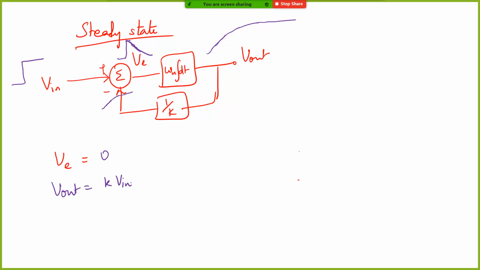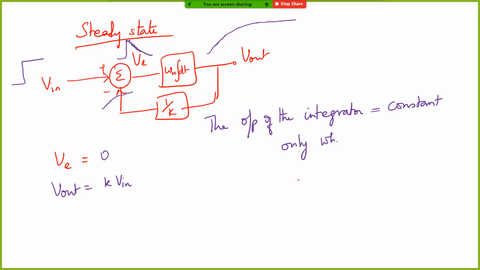Now, one of the interesting things that we can see here is the output of the integrator becomes constant only when what? Only when the error voltage is 0.